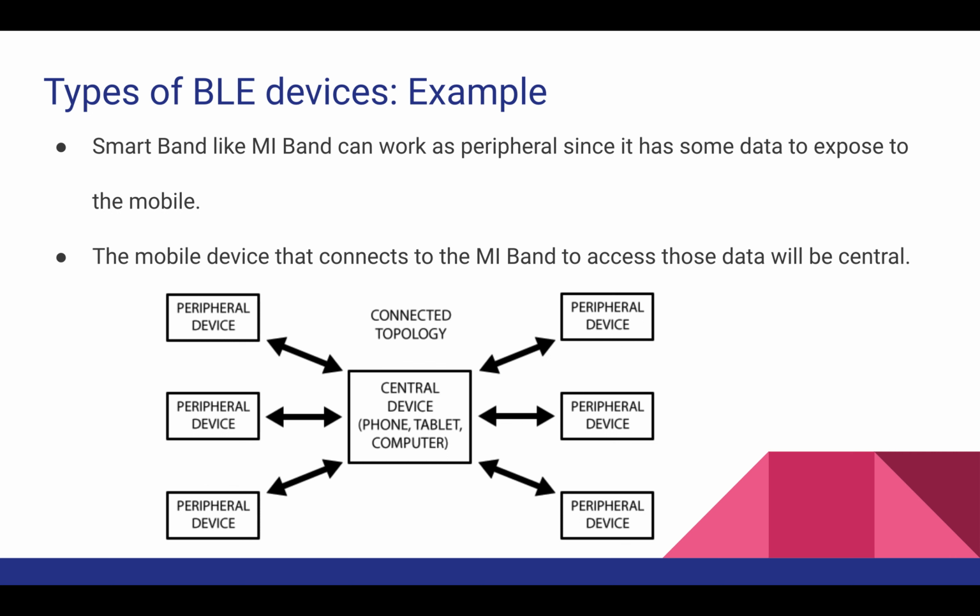In this case, since your mobile wants to access the data, it will be considered the central, and since the Mi Band is the source of information that you want to read, it will be the peripheral device.